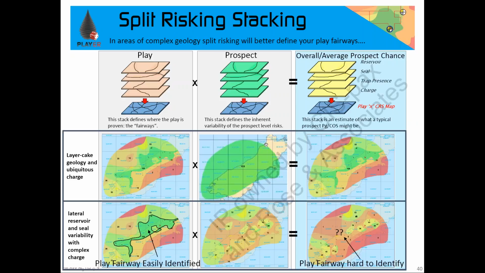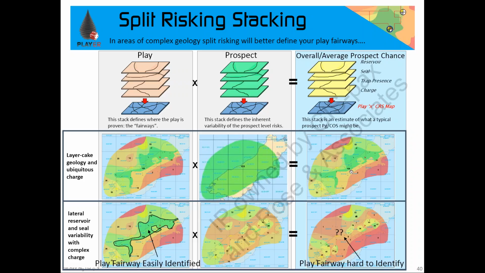So if I have a layer cake situation, very, very flat and infinite reservoirs sealed by extensive layer cake seals, and I have ubiquitous charge, then there won't be any local variation here. And my play map stack will be identical to my overall average prospect stack here on the right.